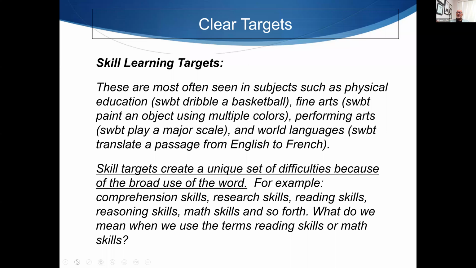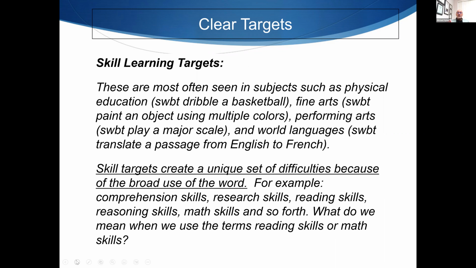We see it all the time, being able to paint, performing arts, whether it be band, choir, or performance, even languages. Translating is a skill, okay? It's not a performance, although I think it comes up later in one of the assessments as a performance assessment. And we're going to talk about the different types of assessments, how they align to the different targets.